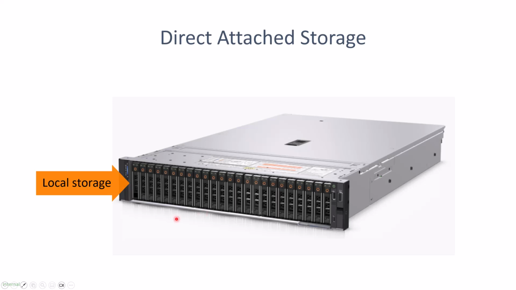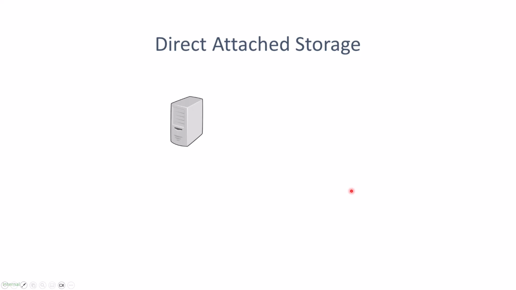But as well as just being physically within the server, we can have another form of direct attached storage, which would just be having extra drive shelves in a container to store additional drives, additional hard disk drives or additional SSDs.